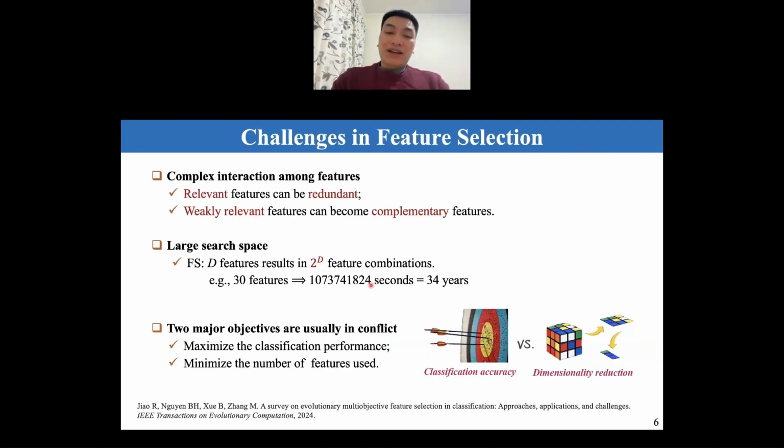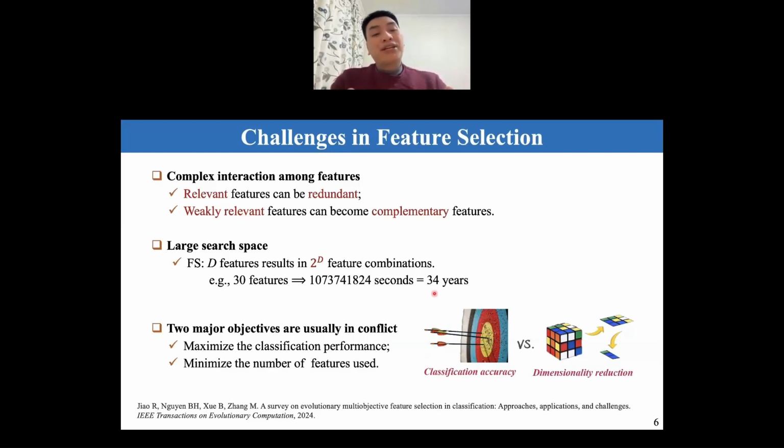If it takes 1 second to evaluate one subset, then it's going to take about 34 years to find the optimal feature subset from only 30 features, which is about, I think, 10 times a PhD thesis. So you can see only 30 features takes that much time. If you have more, it's going to be much more expensive. And therefore, we need an effective search mechanism to explore such a large search space.